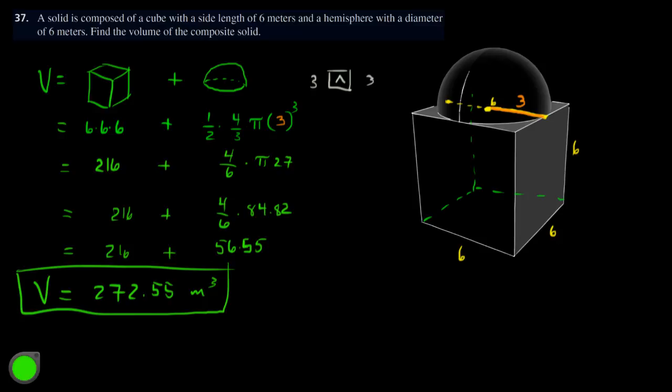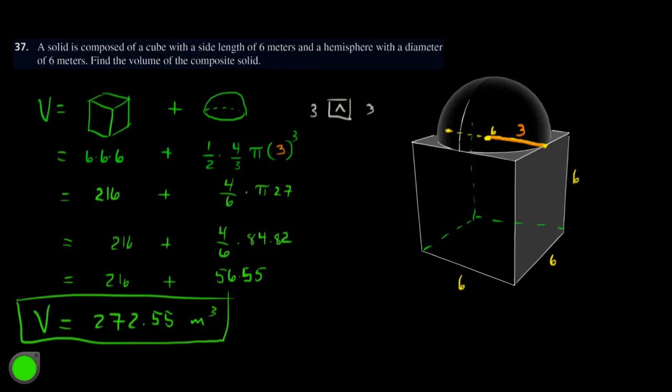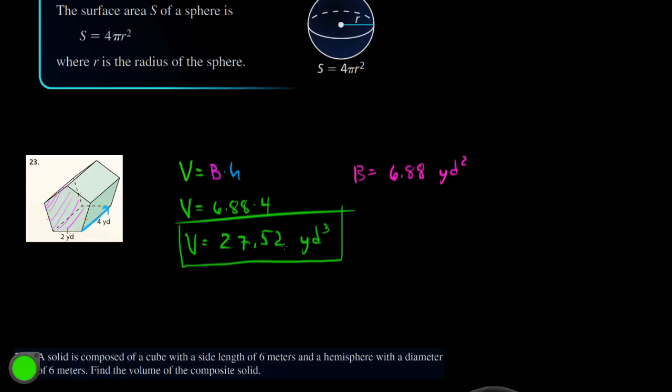On question 23, the answer I got was 27.53. Yep, that's close enough. It depends on how many decimal places you rounded to. If I truly entered 6.88 times 4, I probably would have gotten what you had. I technically had used my calculator's approximation, probably out to like 12 digits on that, and that's what ended up occurring.